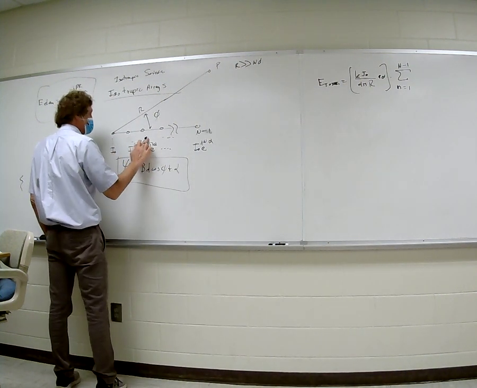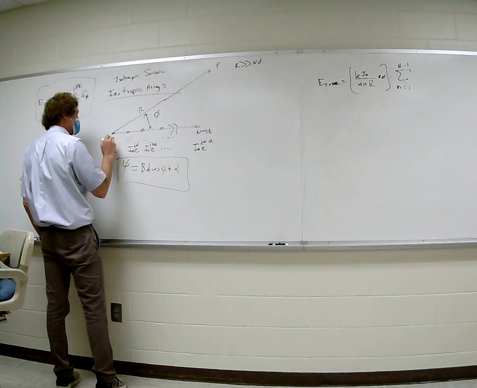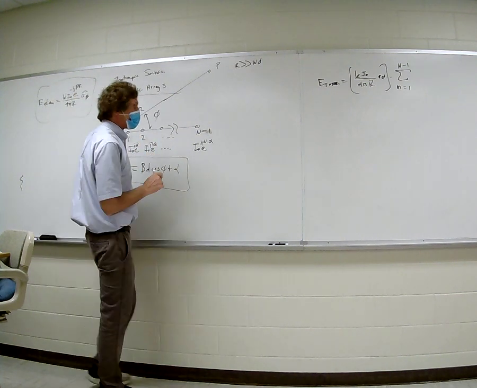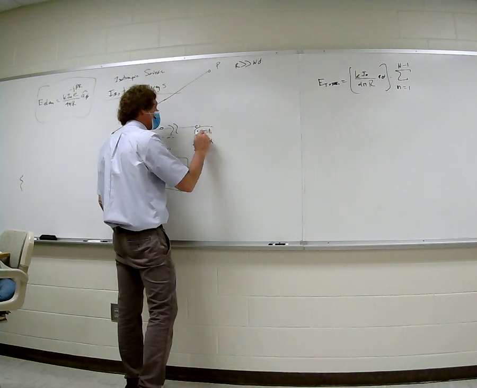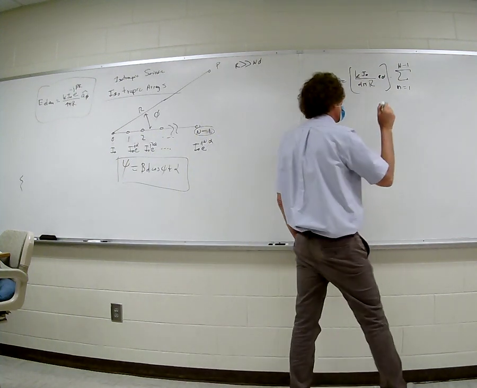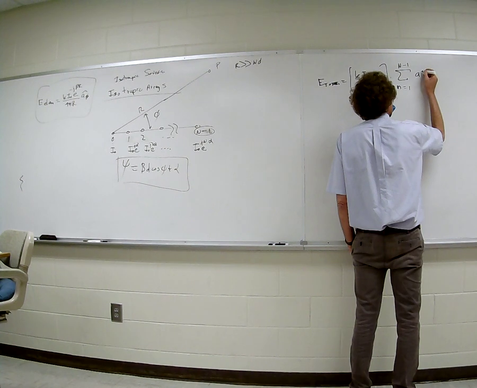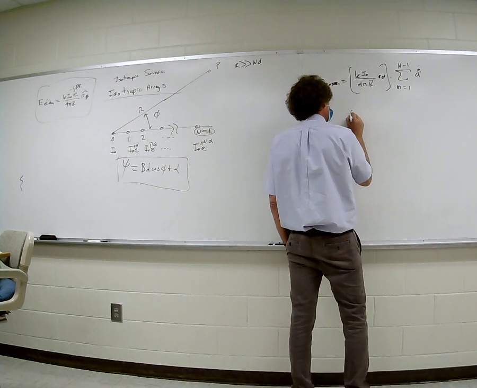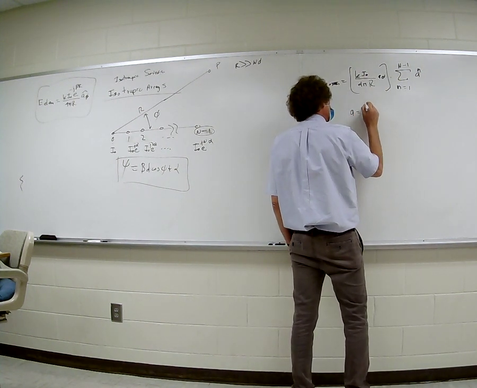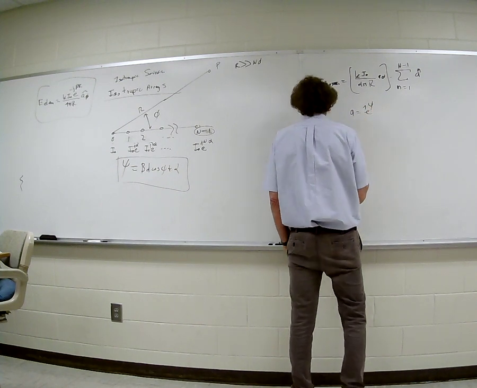I labeled these wrong, so I'm going to fix it in a second. So this would be the 0 point all the way up, and this would be n minus 1. That's not important right now. It's going to be times a term a to the small n. Here a is equal to e to the j psi, and that's psi.